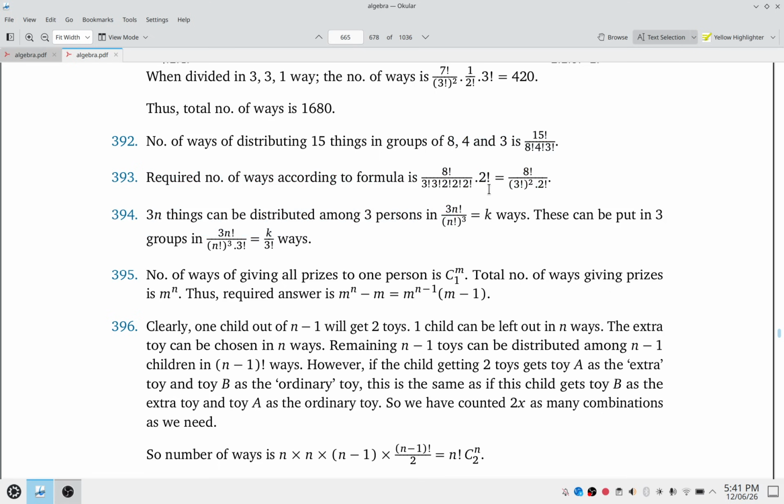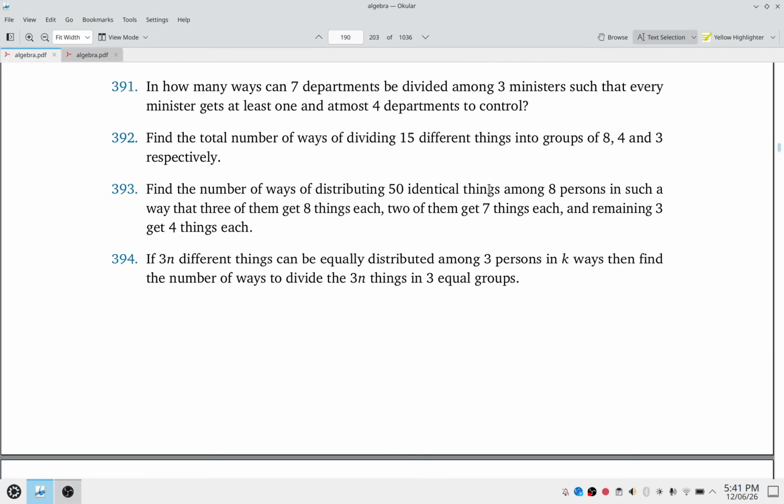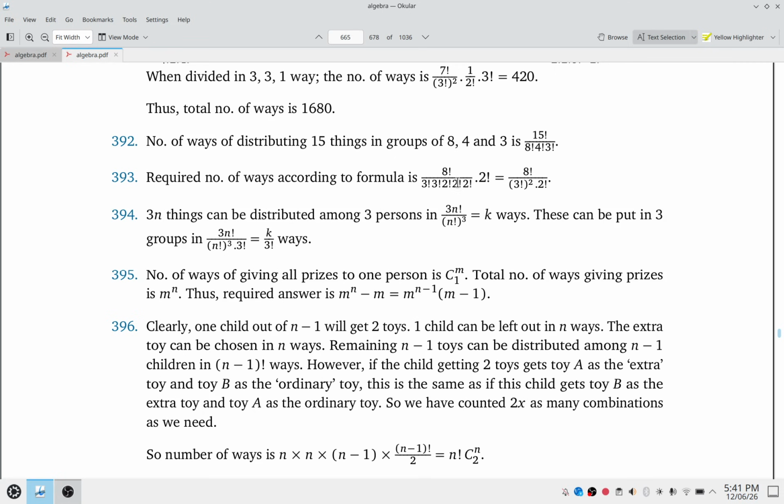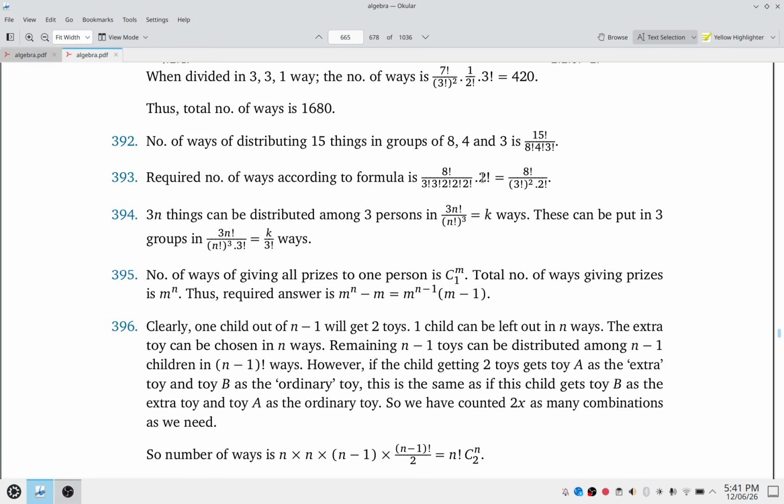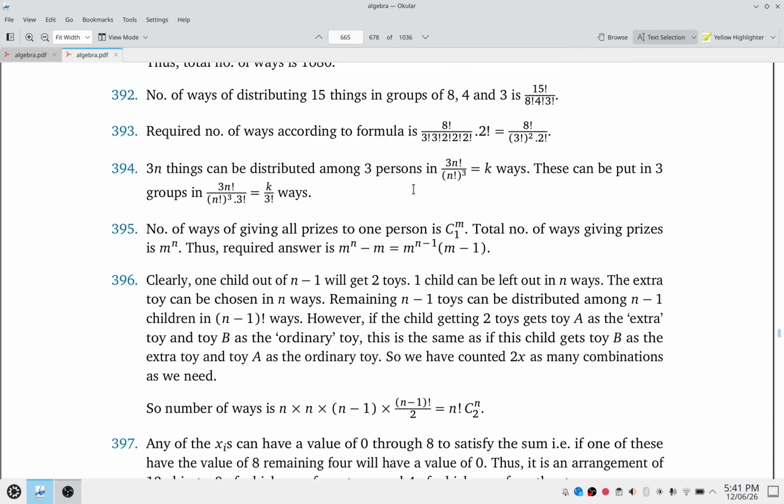Right, so let me think a bit more. Okay, why do we have this? So two of them get 7 things each, and then we have two groups of 3 people. That is why probably it is multiplied by 2 factorial and then divided by 2 factorial twice. I'm not sure about this, but this is certainly correct.